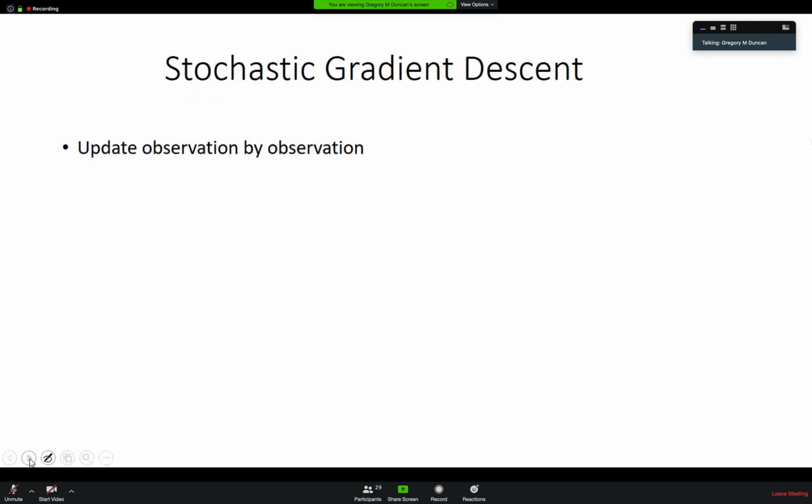Stochastic gradient descent. What we're going to do here is update as observations come in. Oftentimes you'll hear about Kalman filters and you go, what is going on here? It's really updating a linear model as observations come in. Think about it: you have a large regression, you've done ordinary least squares, you did LM, it took 20 minutes, and a new observation comes in.